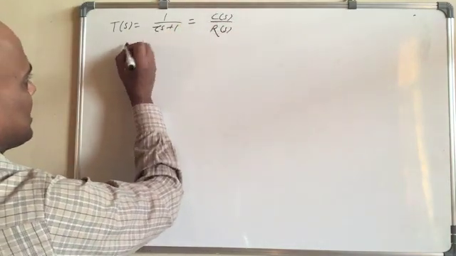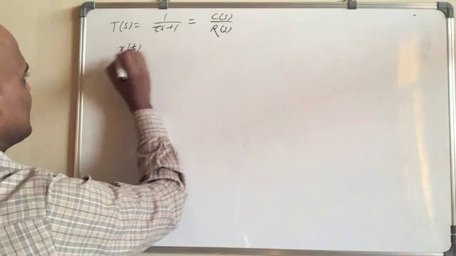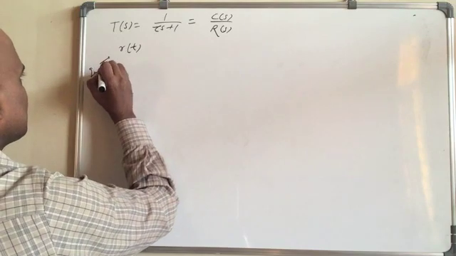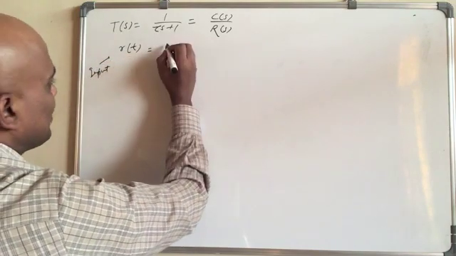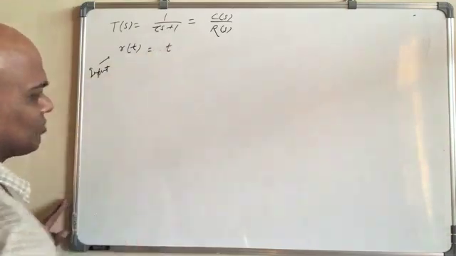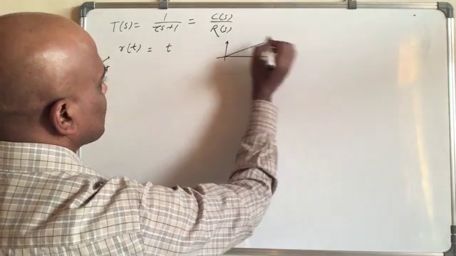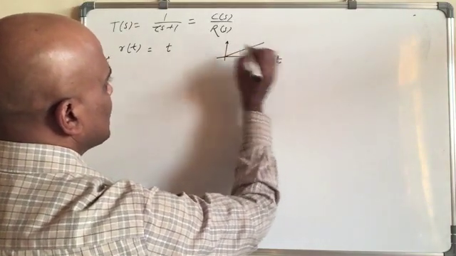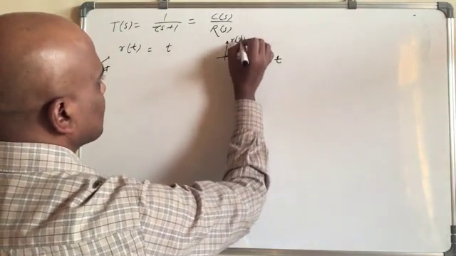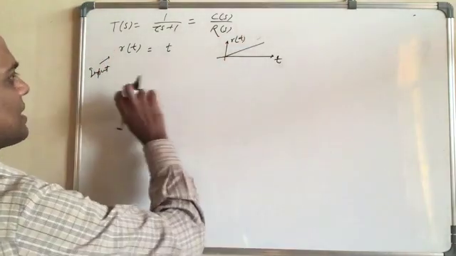If somebody says that the input rt is equal to t, so this is a ramp, rt equal to t, going like this, then this is the ramp input.